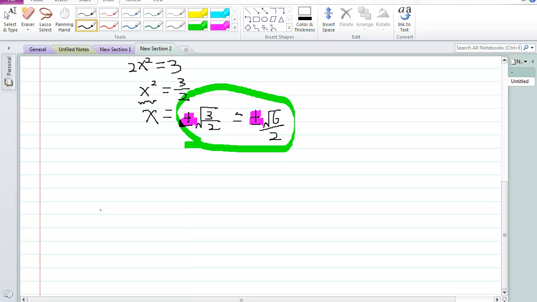So what we have to do is complete the square and make it into this kind of format. So we have the completing the square method.